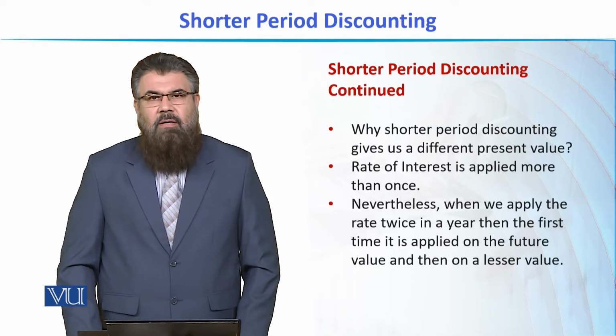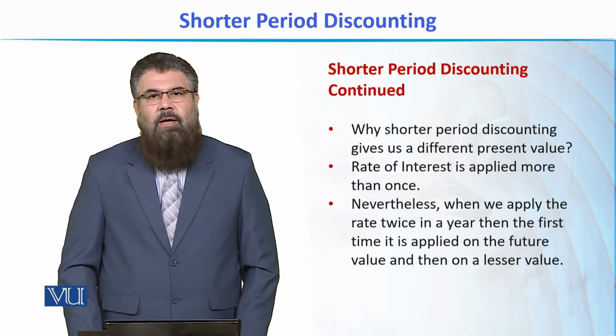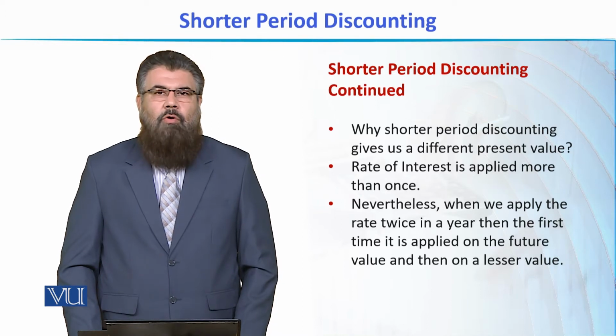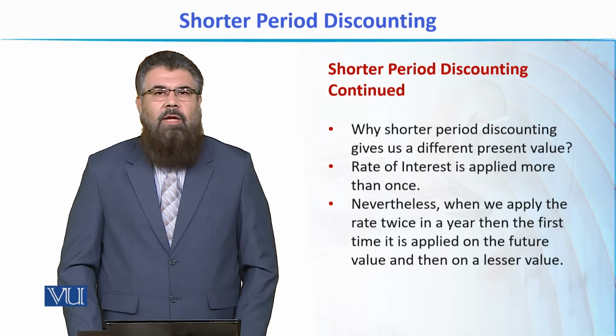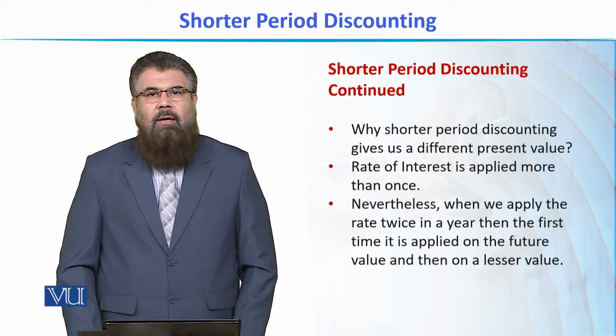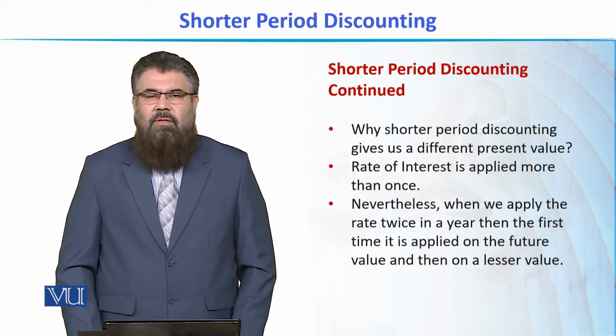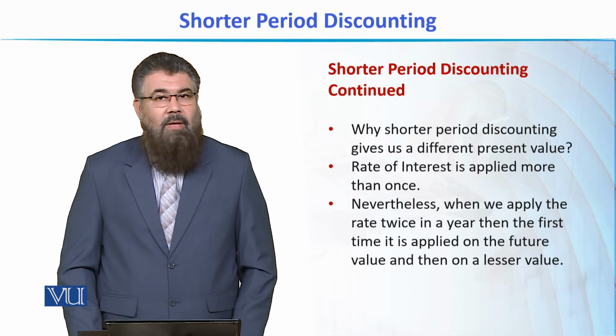Now, when we are getting into shorter period discounting, what we do is that we apply the rate of interest more frequently. यानी अगर हम किसी फ्यूचर वैल्यू की प्रेजेंट वैल्यू निकालने के लिए एनुअल रेट को एक दफ़ा अप्लाई करें पूरे साल में, तो हमारे पास एक प्रेजेंट वैल्यू आ जाती है. लेकिन अगर हम इसी रेट को 2 मरतबा यानी आफ्टर एवरी 6 मंथ्स इस रेट को अप्लाई करें प्रेजेंट वैल्यू निकालने के लिए, तो अब हमारे पास एक डिफरेंट प्रेजेंट वैल्यू आएगी.